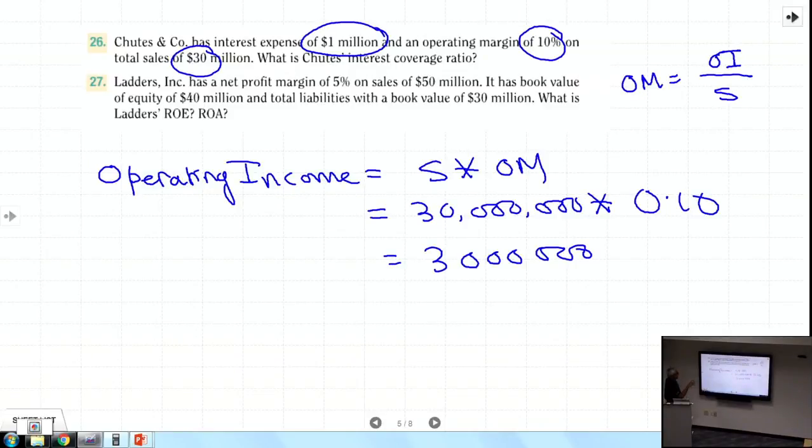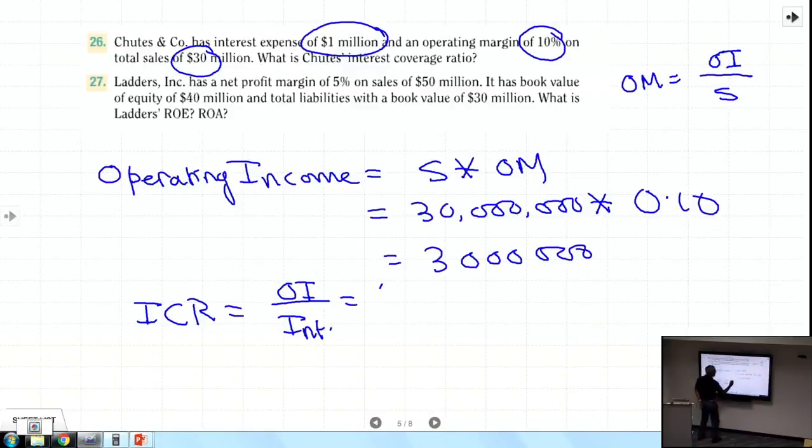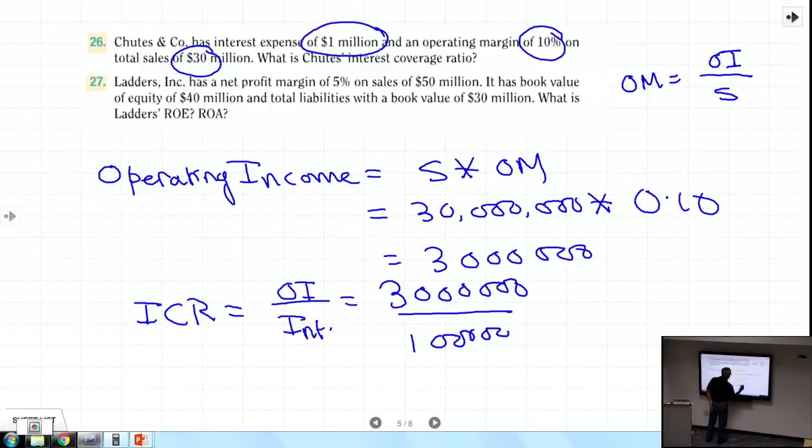Then we take that 3 million, our operating income, and divide it by interest expense. So interest coverage ratio is operating income divided by interest expense. So we have 3 million divided by 1 million, which is 3.